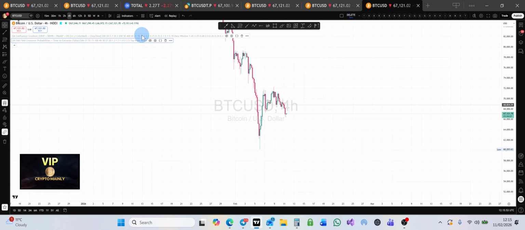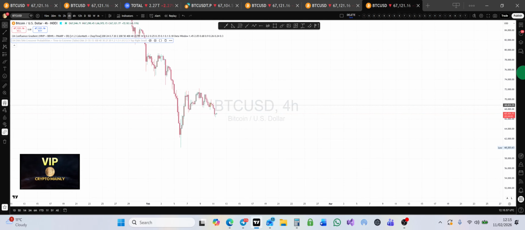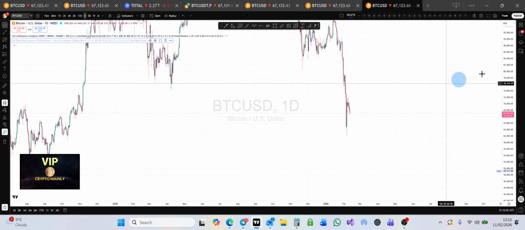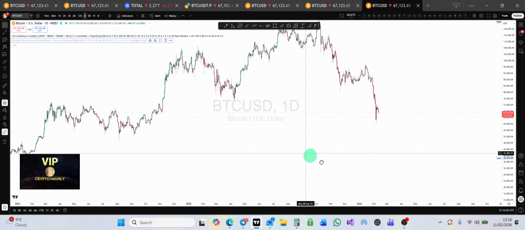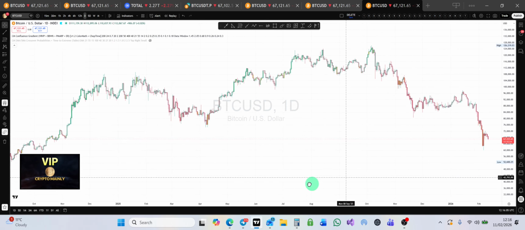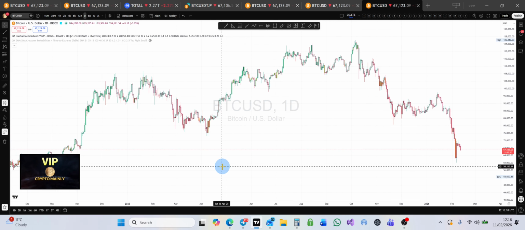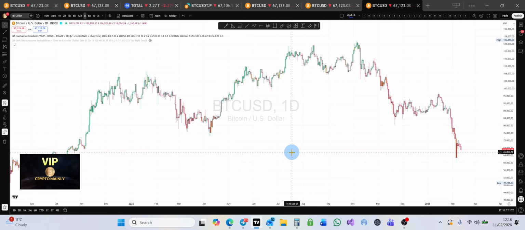Additionally, this is a custom indicator which I've built in the last few weeks. If you look at a daily time frame, for example, in basic terms the colors of the candles tell you when to buy and when to sell.